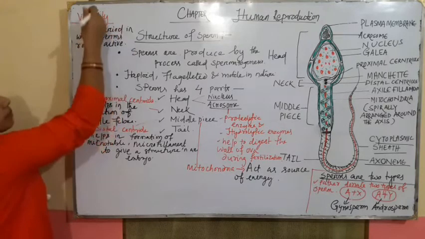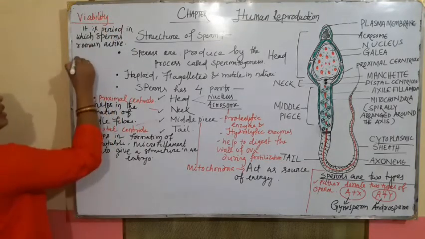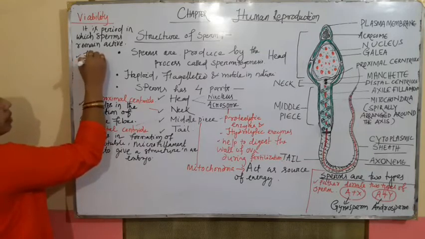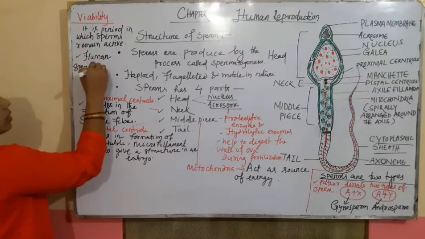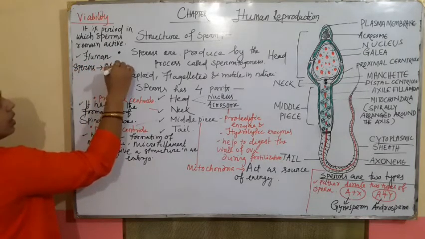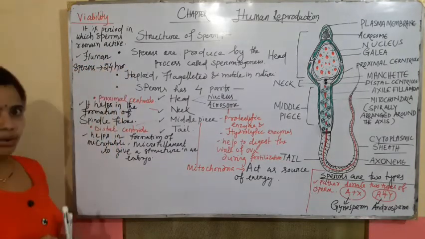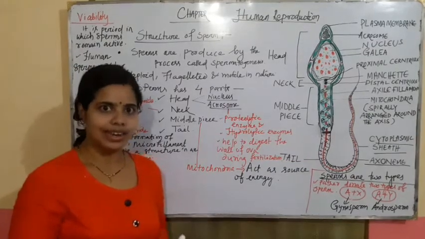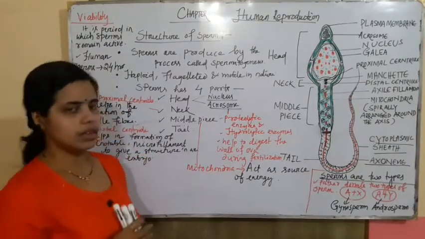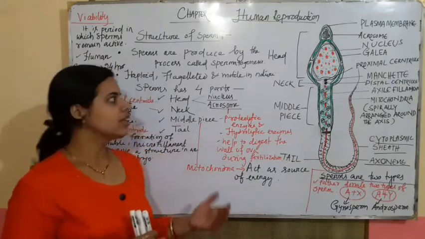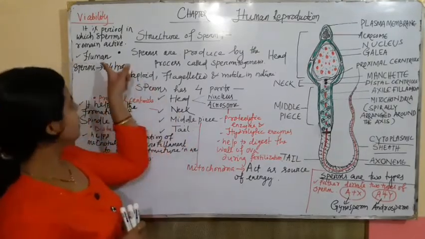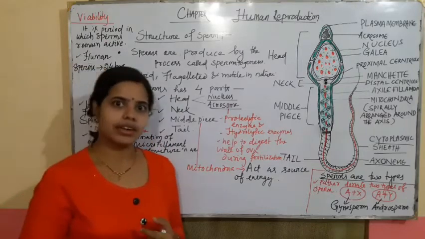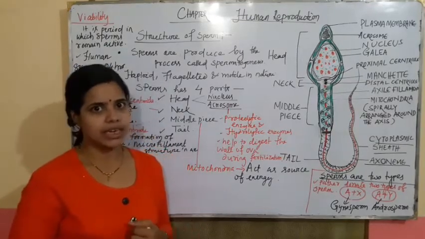That is called sperm's viability. The human sperm's viability is 24 hours. After ejaculation or discharge from the urethral meatus, the sperm can remain active for 24 hours in the vaginal tract of the female for fertilization.